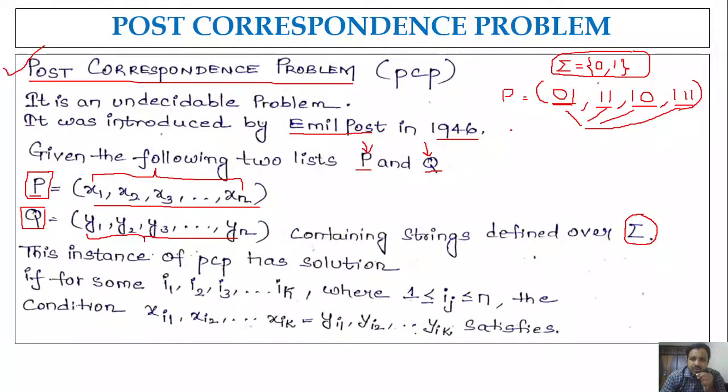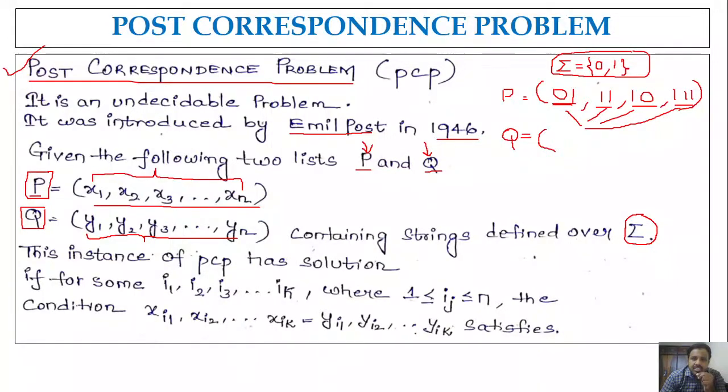Four items. In the Post Correspondence Problem, if P has four strings or four items, then the list Q must also contain four items or four strings.